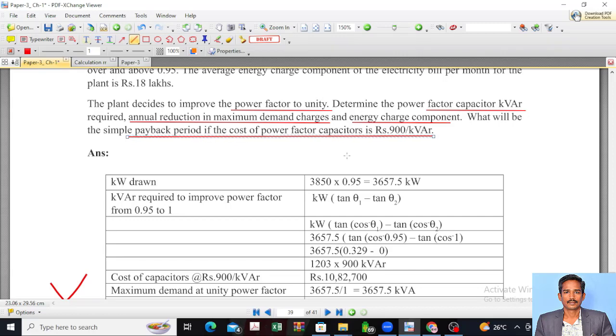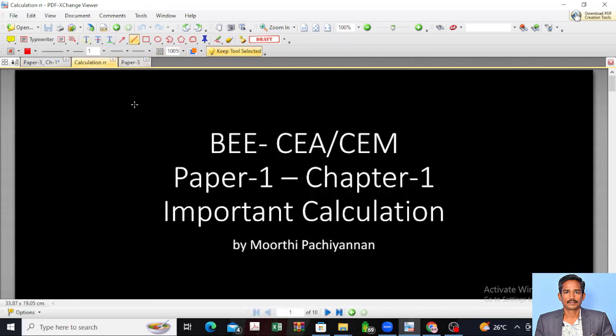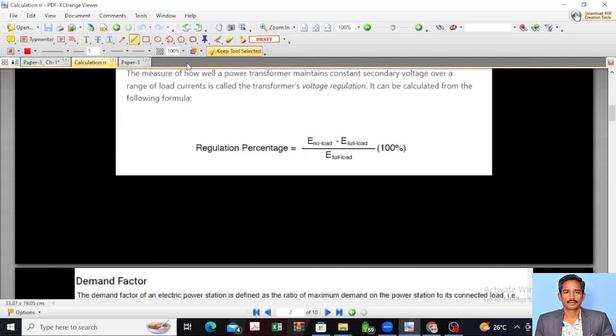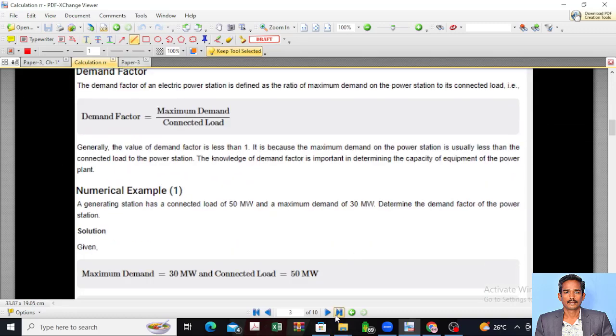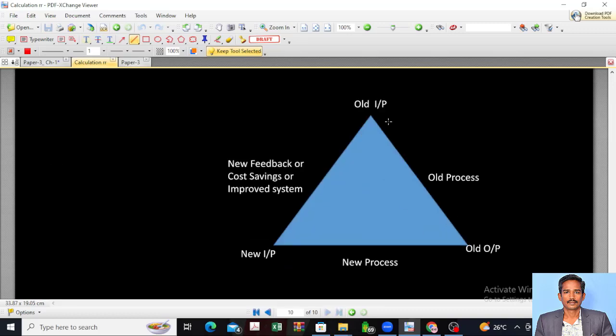For this calculation I have made a triangle concept. You can easily remember this concept. This is the triangle method. You already have the old input and you have the old output, this old process. Then we need to improve to a new input, meaning a different process.